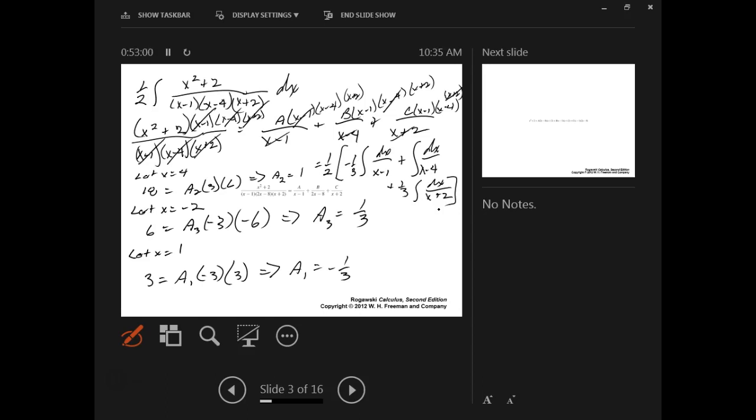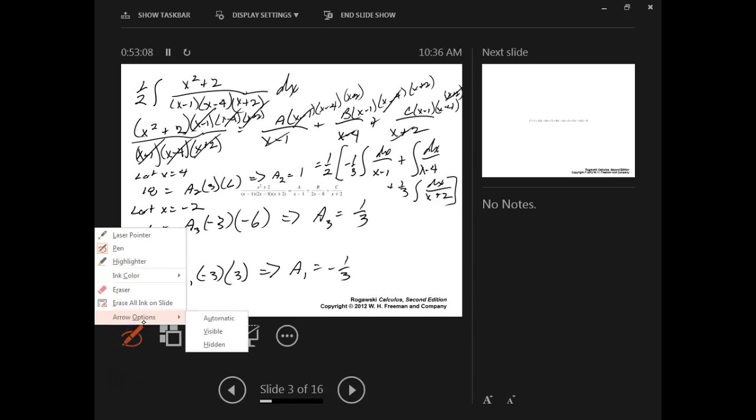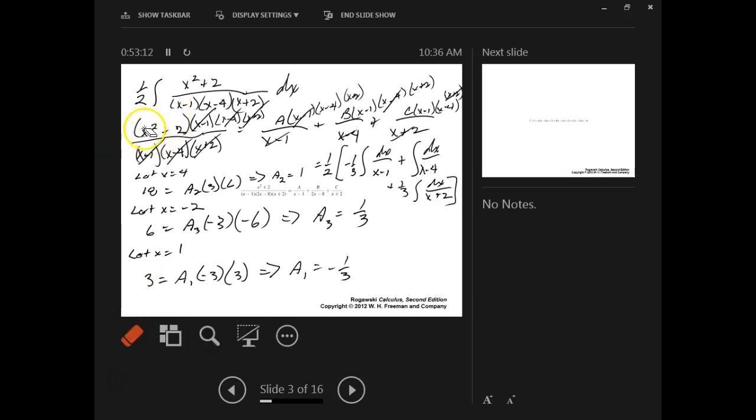Whatever you want to call it. Now I think we can erase some stuff, right? That was all you needed. You needed all that to get the forms that you were after.